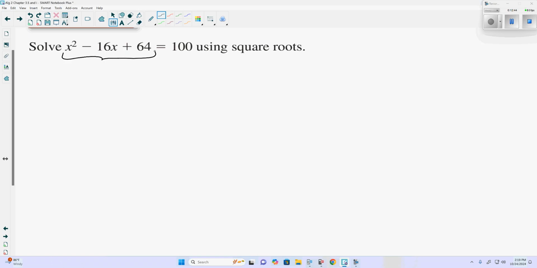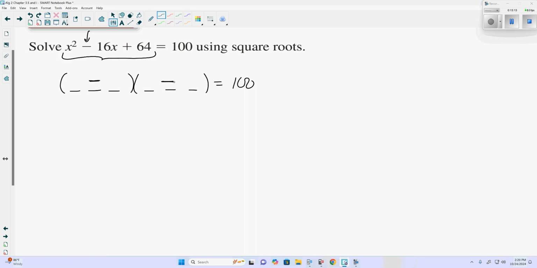Now, the x squared minus 16x plus 64 does not have a greatest common factor. So we can move on to our 2 sets of parentheses with 3 spaces. Since the third term is positive, the signs are the same and match the sign of the middle term, which is negative. So we have negative and negative.